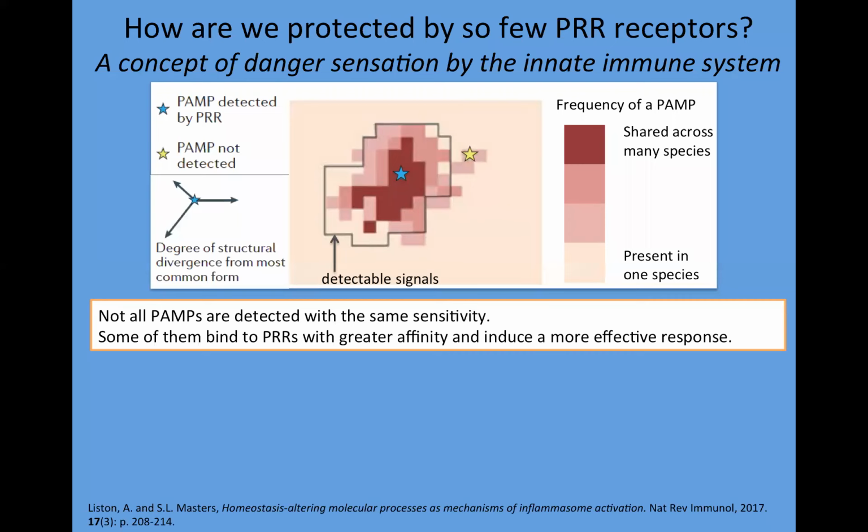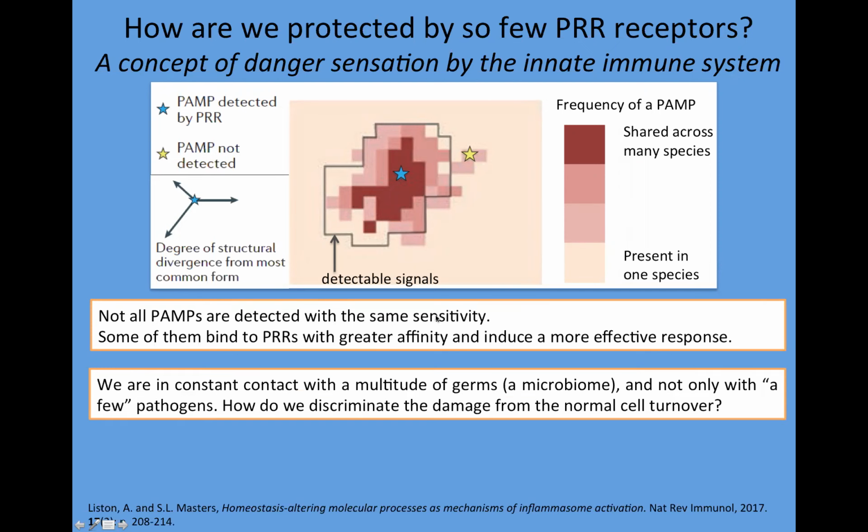Well, the receptors definitely are imperfect. So they will not detect all the signals, all bacteria, with the same efficiency. Some of them are detected much better than the others, as represented on this figure. So while some of them are very well detectable, others may not be detected at all or may not be detected as efficiently.